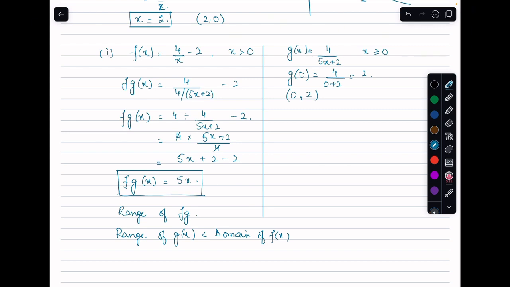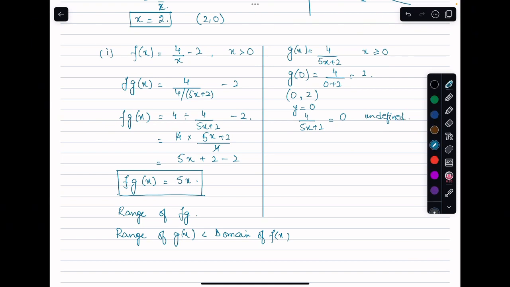I have the domain greater than or equal to 0, meaning the y-intercept is inclusive. Now, to get the x-intercept, if my y is 0, I can clearly see that the function becomes undefined, because the x value is undefined here.